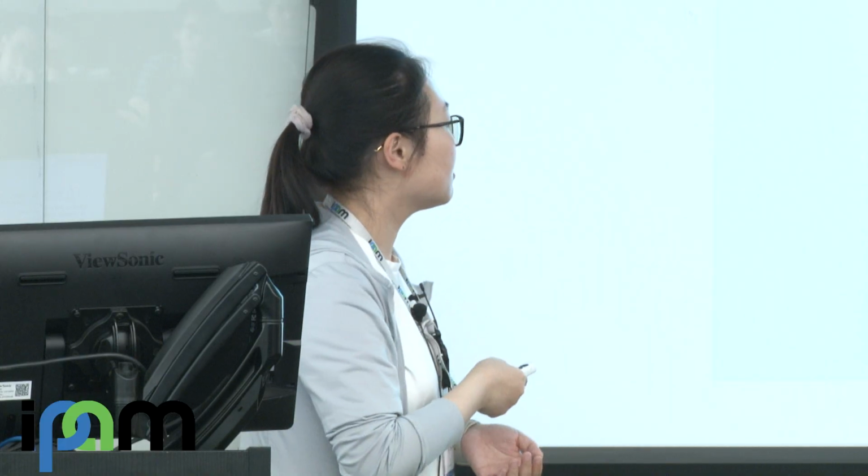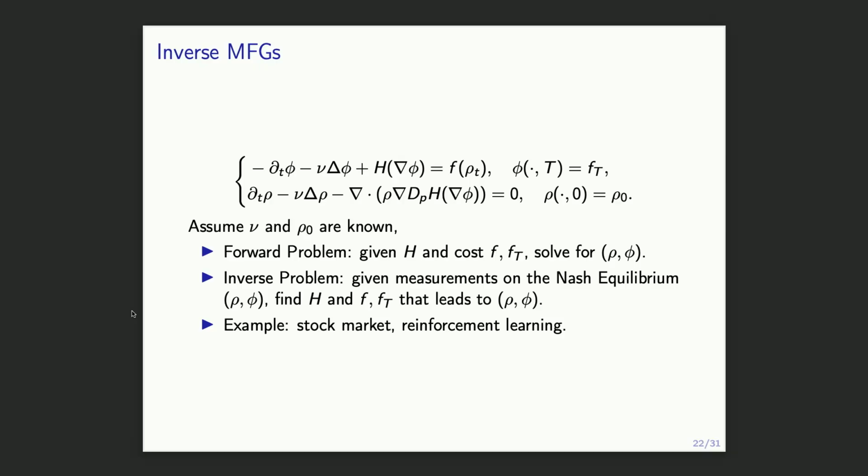For example, in stock market, you don't know what makes people to make the decision, but you can see what's the output. And in reinforcement learning, usually it's model free. You don't know what is the actual cost, but what you can see is the reward. So this is something we want to study.